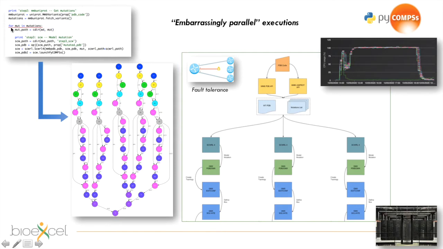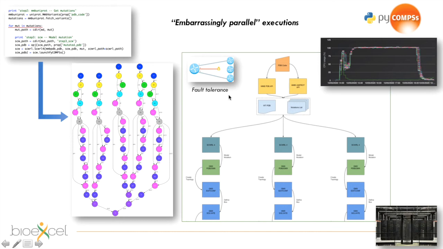It says for every mutation in a list of mutations, do something, and PyCOMPSs is able to automatically recognize that and transform it to an acyclic graph like this one with all the dependencies. This is transformed into different branches that are launched in the supercomputer completely in parallel.